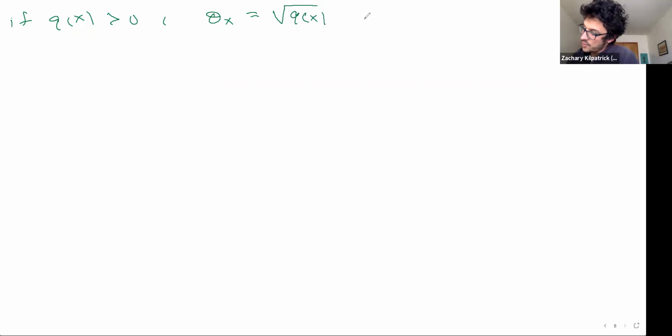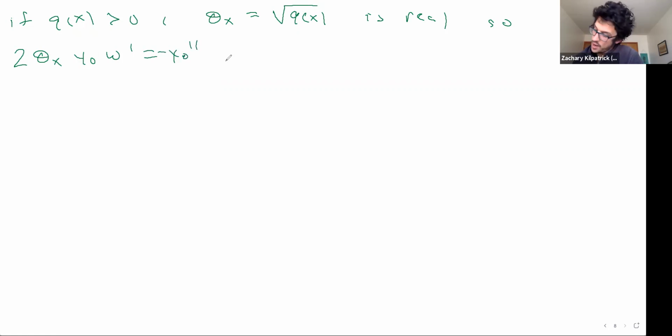Well, this is going to be real if q of x is positive. So in that case, we handle this equation one way: 2 theta_x y0 w prime equals minus y0 prime prime.